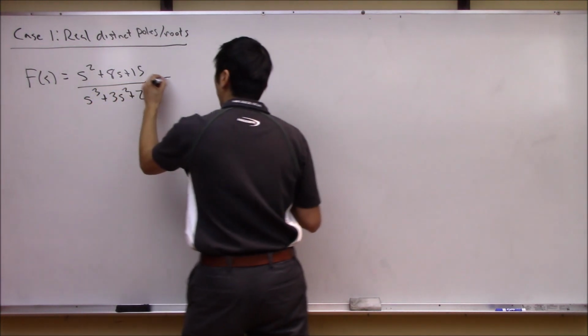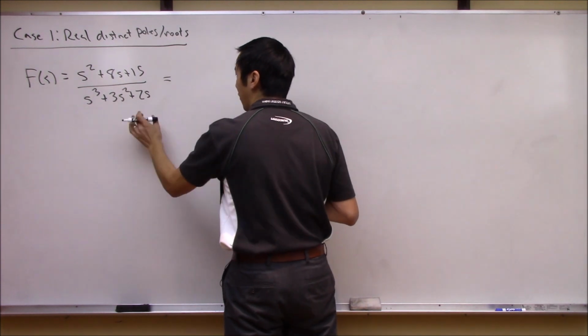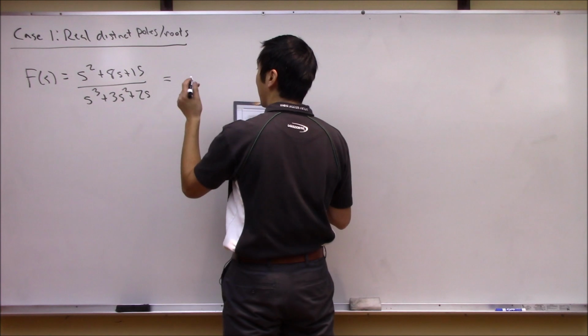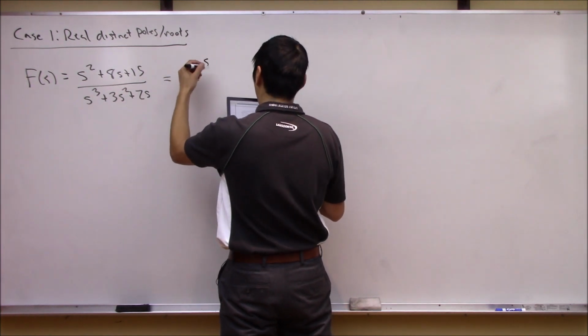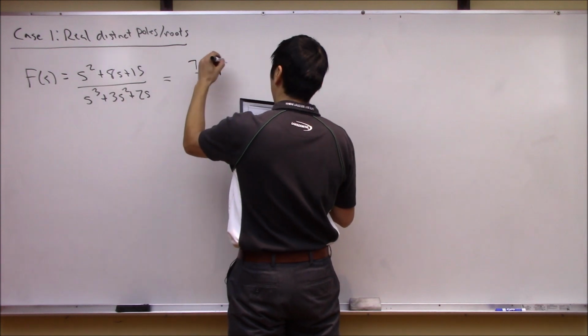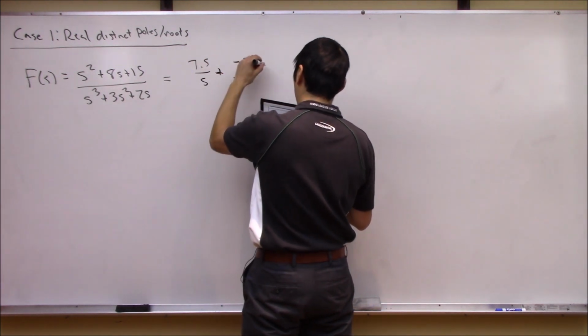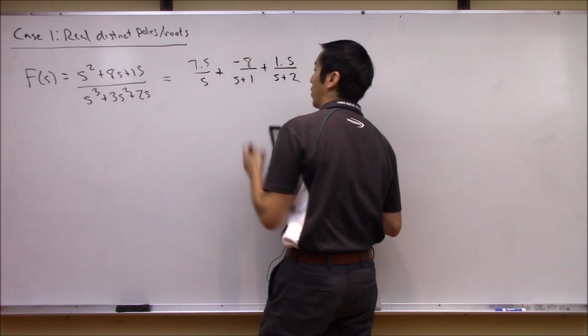And what we showed last lecture, during the partial fraction expansion, we went through a lot of effort to break this thing down into something more easily recognizable. So I think we had 7.5 over s, plus negative 8 over (s plus 1), plus 1.5 over (s plus 2).